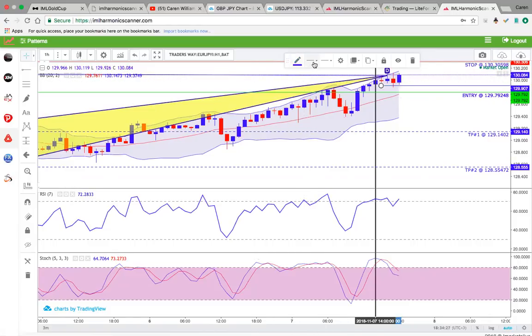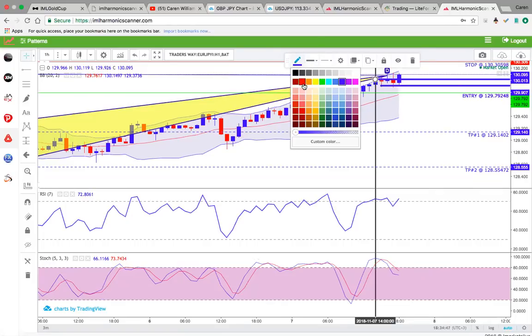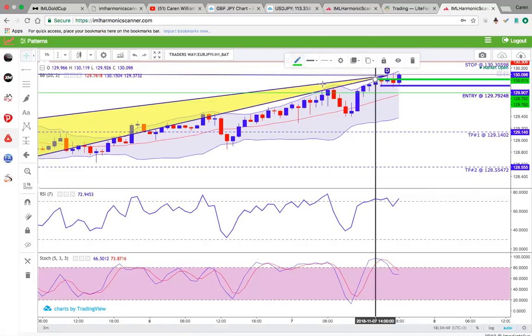So I'm just going to show you before confirmations where you see this blue line would have been our take profit, and I'm going to show you where our entry would have been. I'm just going to put that in a different color. So our entry would have been this green line, and our take profit would have been that blue line.